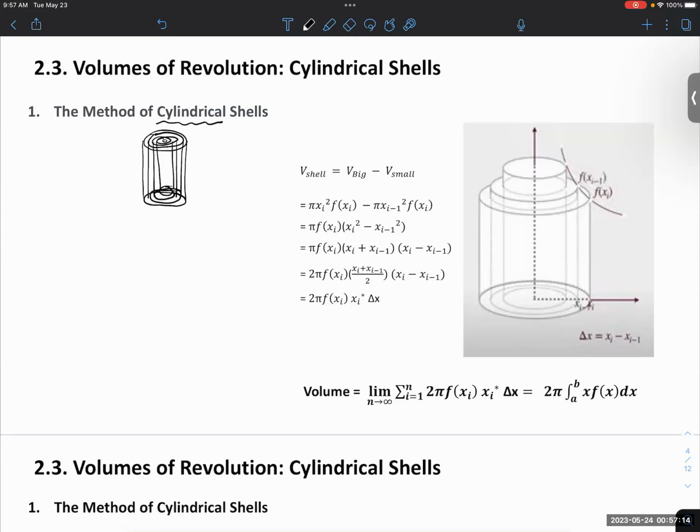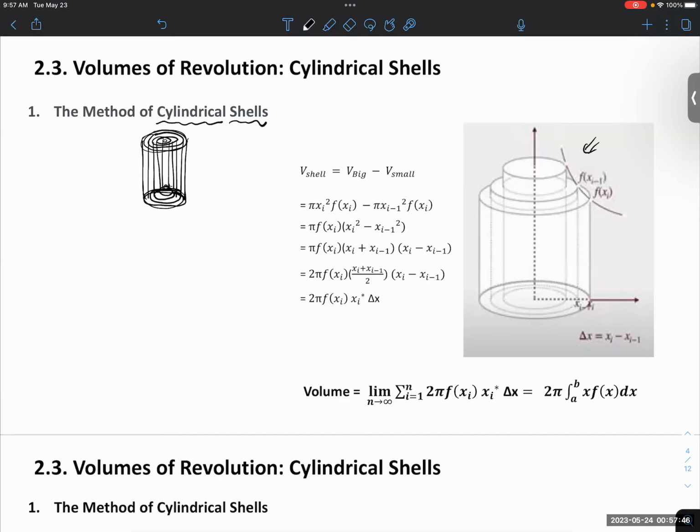You keep adding the surface area of this cylindrical shell infinitely many times, and you are going to have the volume of this cylinder, right? So that's why the name is the shell method. You keep adding the first shell, the second shell, the third shell, infinitely many times, and then you can find the entire volume of this cylindrical shape.